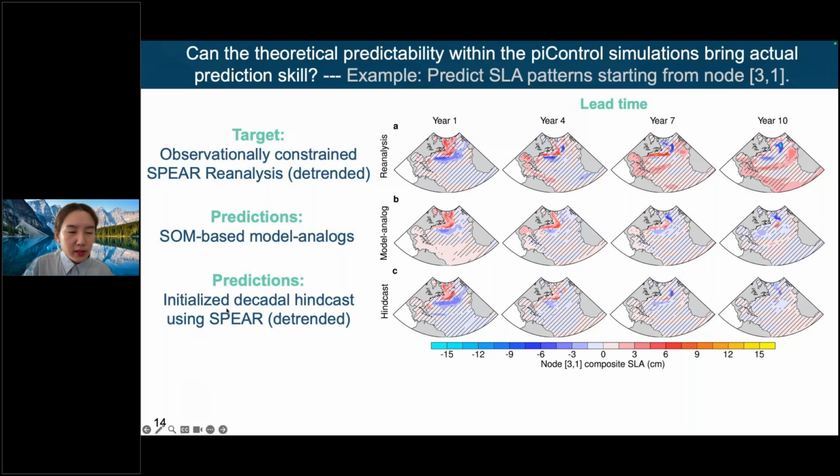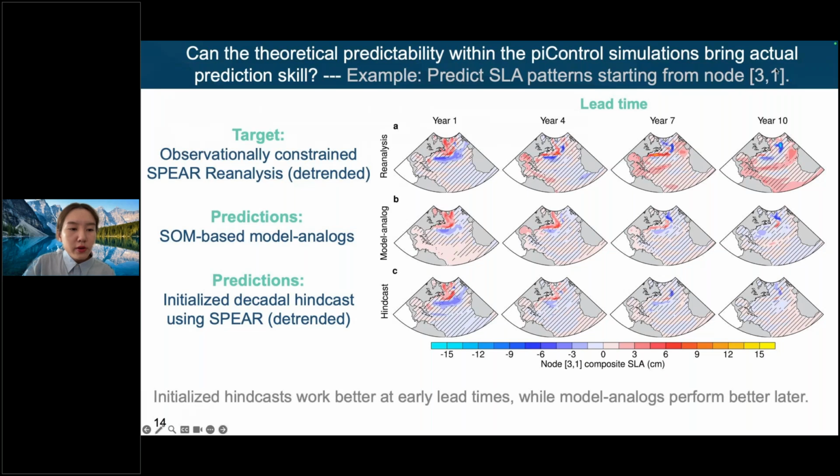This example shows the prediction starting from the node 3.1. If you compare these three rows, you can see that the initialized hindcasts work better at early lead times, but the model analogs actually perform better later. For example, if you compare the year 7 pattern, the model analogs perform better than the initialized decadal hindcast when compared with the target pattern.